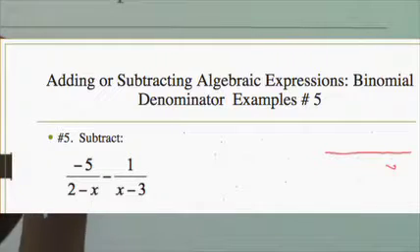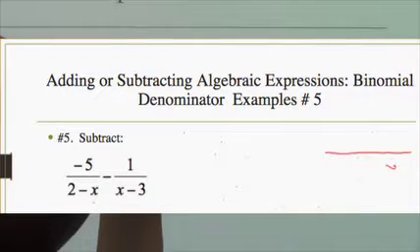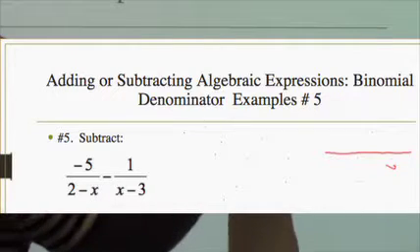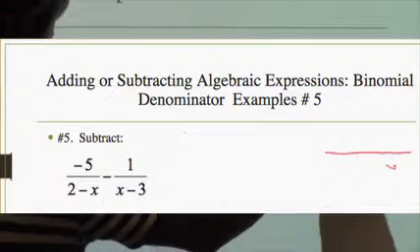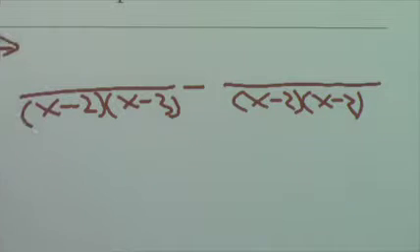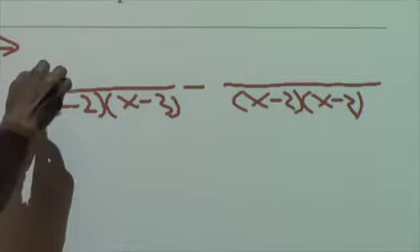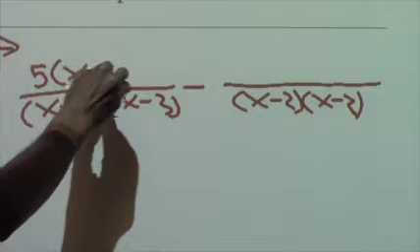The two denominators are x minus 2 and x minus 3. Our denominator was x minus 2. x minus 2 divided by that will give us x minus 3. So we're going to have 5 times x minus 3.